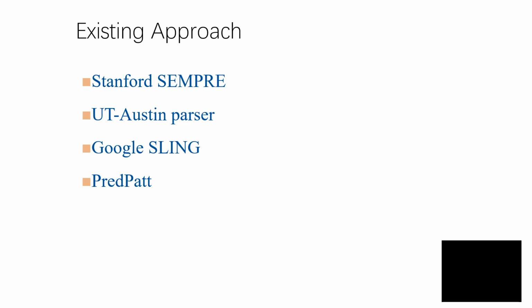There are some existing approaches that can do this kind of semantic parsing. They can extract certain elements from the sentences. For example, we have Stanford SEM3. It is a semantic parser that can get some useful information in the sentences and do some question answering tasks.